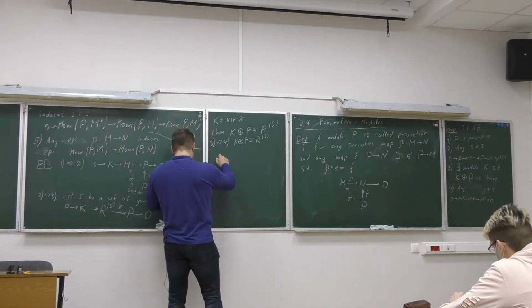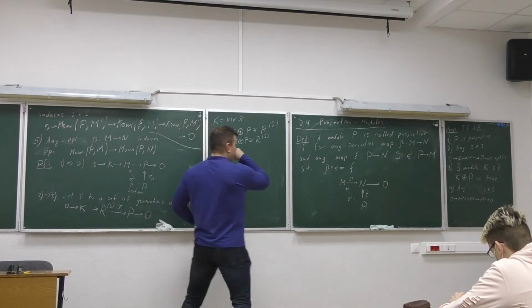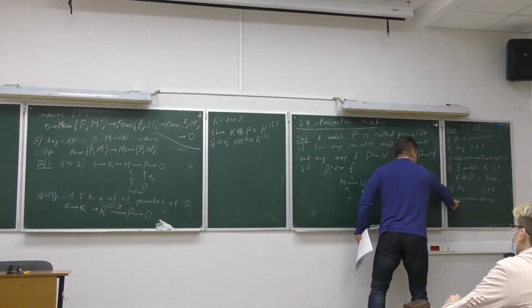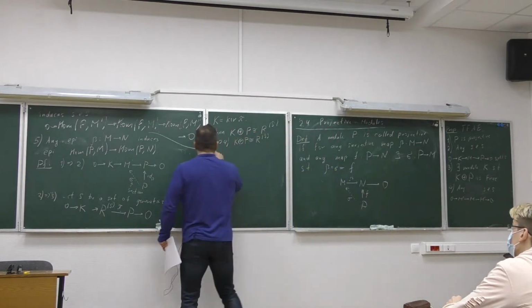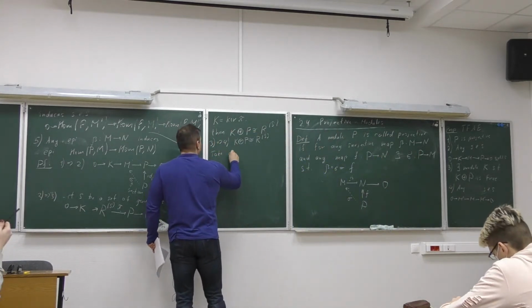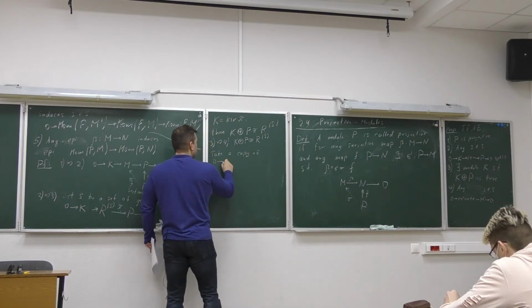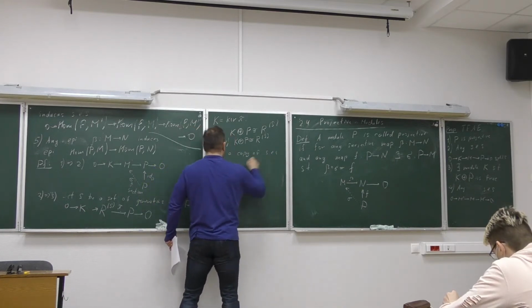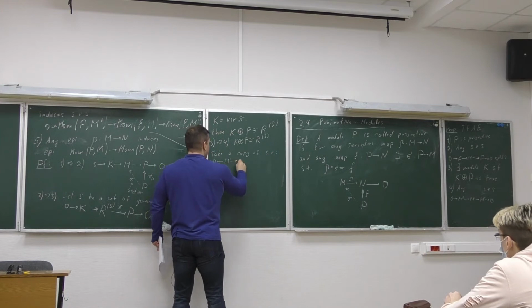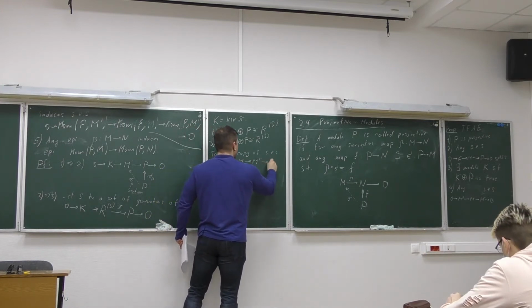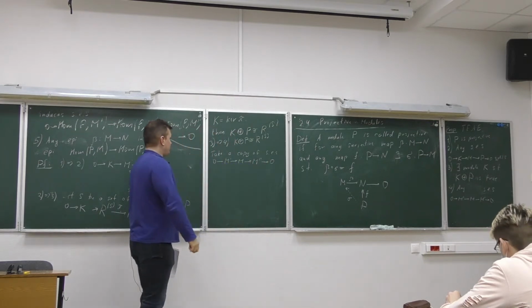So we have this short exact sequence in condition 4. So this is the only non-trivial proof in this proposition, how to go from 3 to 4.